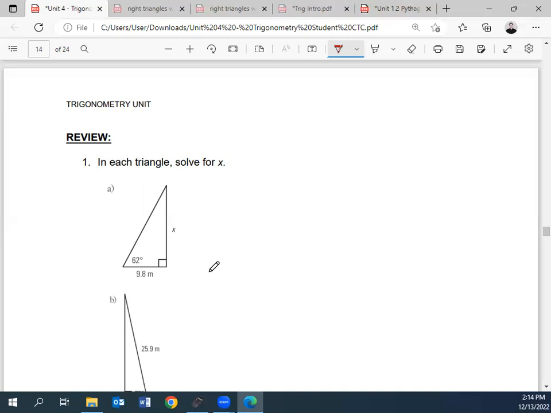Am I doing good on this one so far? So you're trying to find this thing. Yeah, I know the opposite. I just need the base. Yeah, you just need the base. Okay, so you found. I'm just thinking.